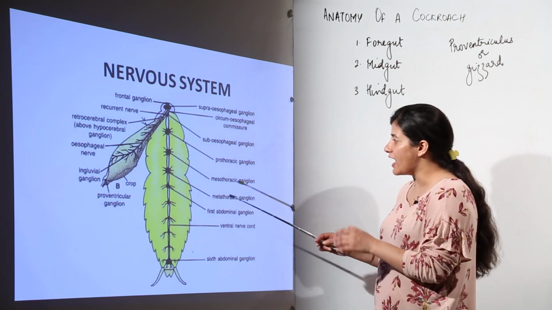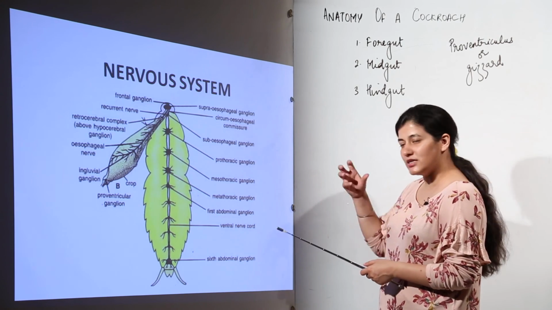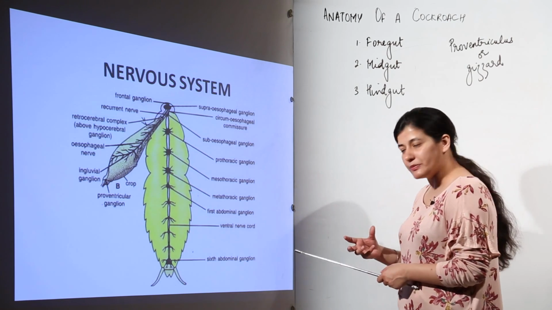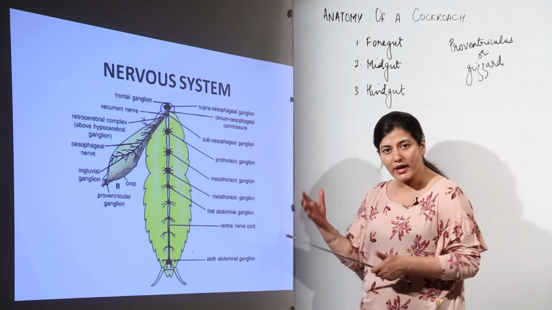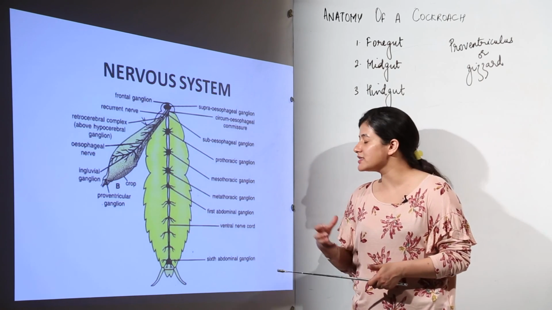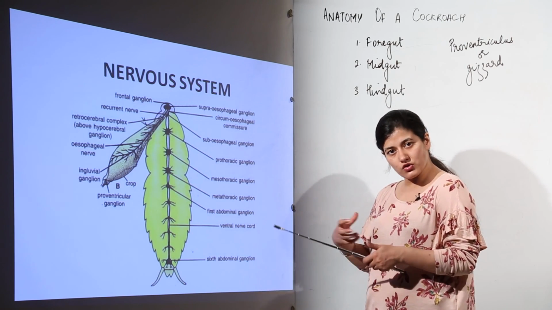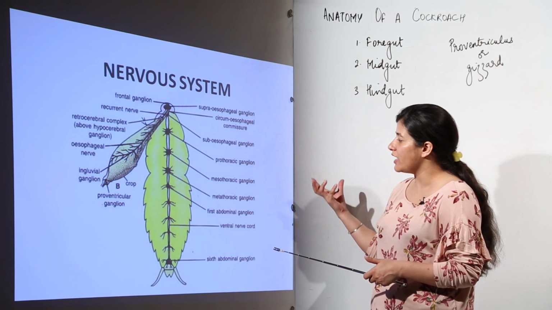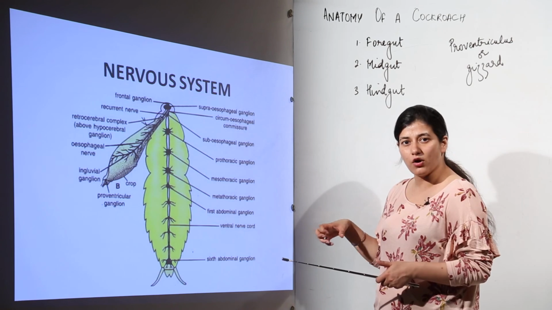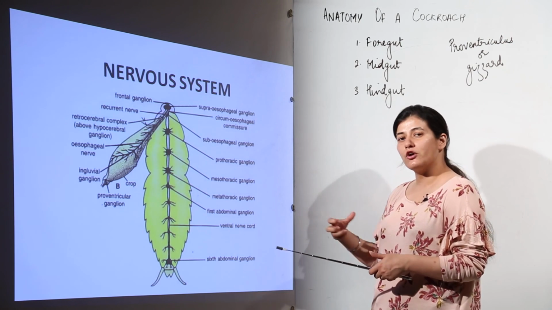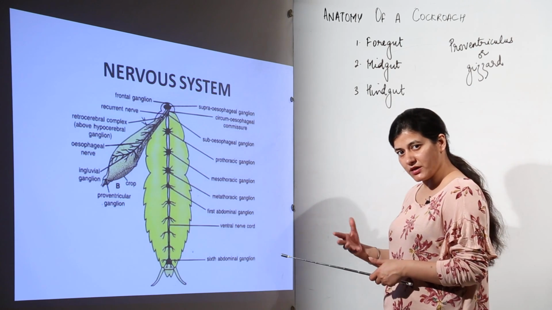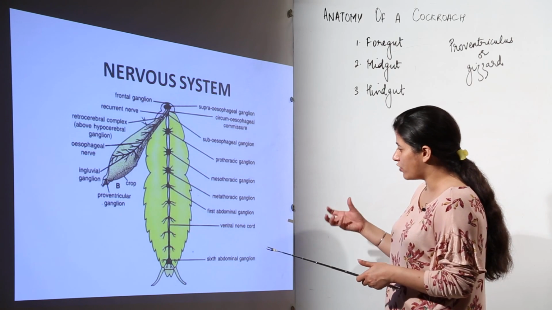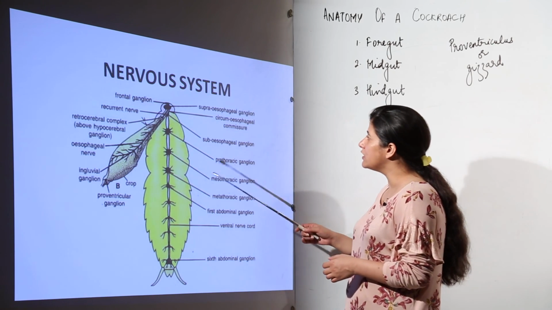Three ganglions are present in the thoracic region, while 6 are present in the abdominal segments, and they are connected by longitudinal commissures, or you can call them connectives. We have an abundant supply of nerves which originate from the ganglions itself, and every segment is well adapted for its own nerve control.